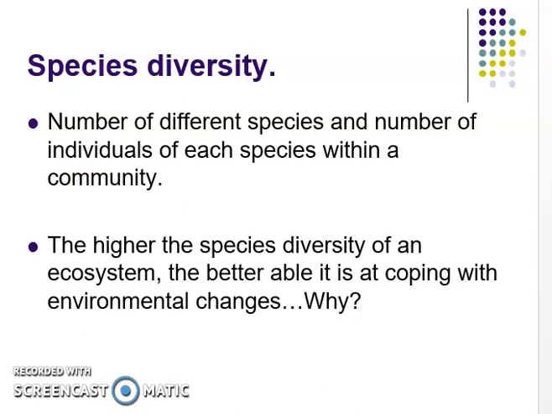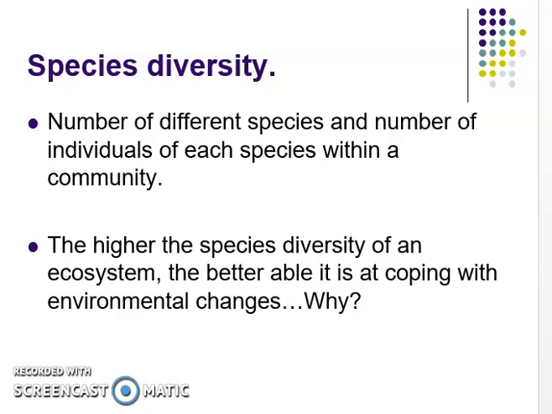The other definition is species diversity: the number of different species and the number of individuals of each species within a community. Both of these are useful to know. Species diversity is probably a little bit more useful. I'll give you an example a little later on to show you why that's more relevant.